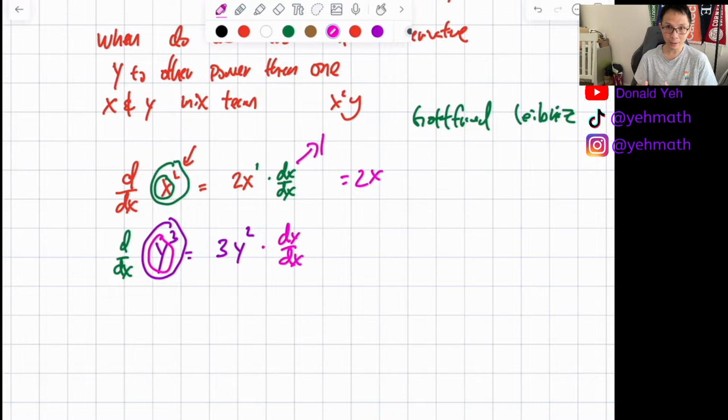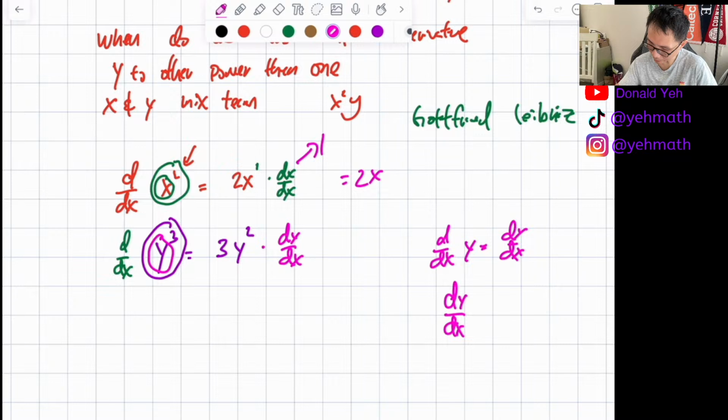Any questions so far? Anybody have any question? This is very important. So if you have a question right now, you should ask. What do you mean by dy over dx? Ashton, dy/dx is the derivative of a function y, which a lot of people don't understand. dy over dx means a small change of y over a small change of x.